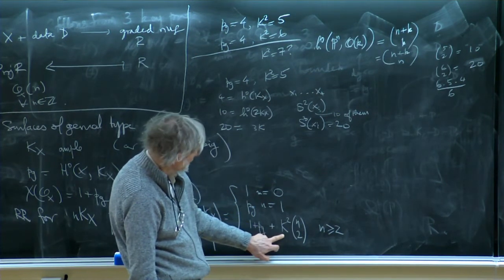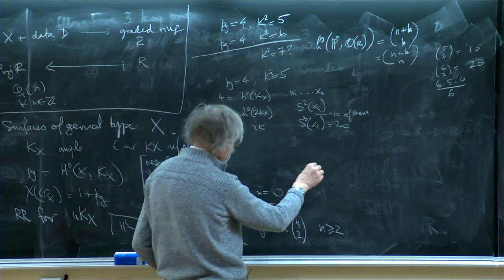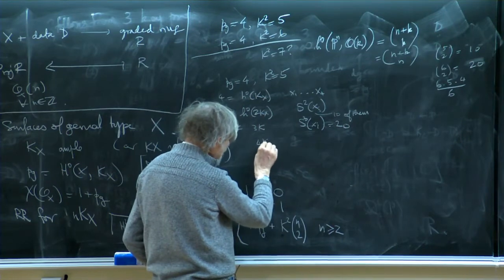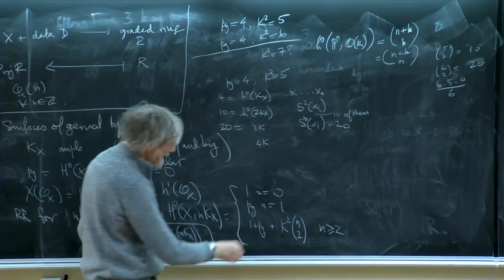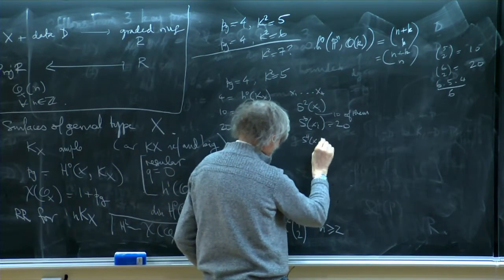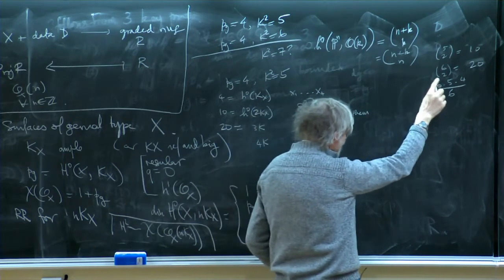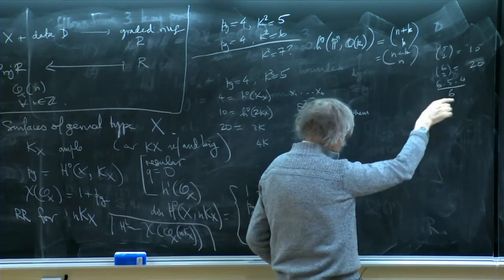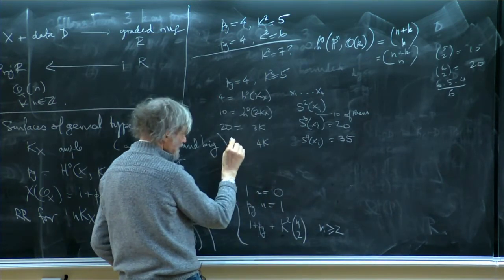Yes? And what happens when I go to n equals 4? Then the same coincidence appears, yes? S4 of xi. The number of monomials is 7 times 6 times 5 divided by 6, which is 35, and this number is also 35.